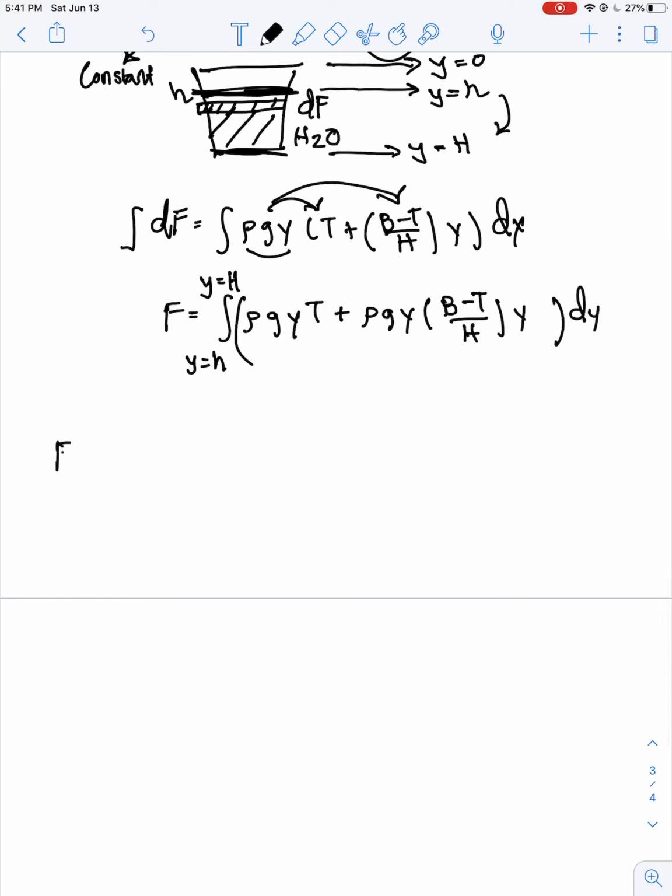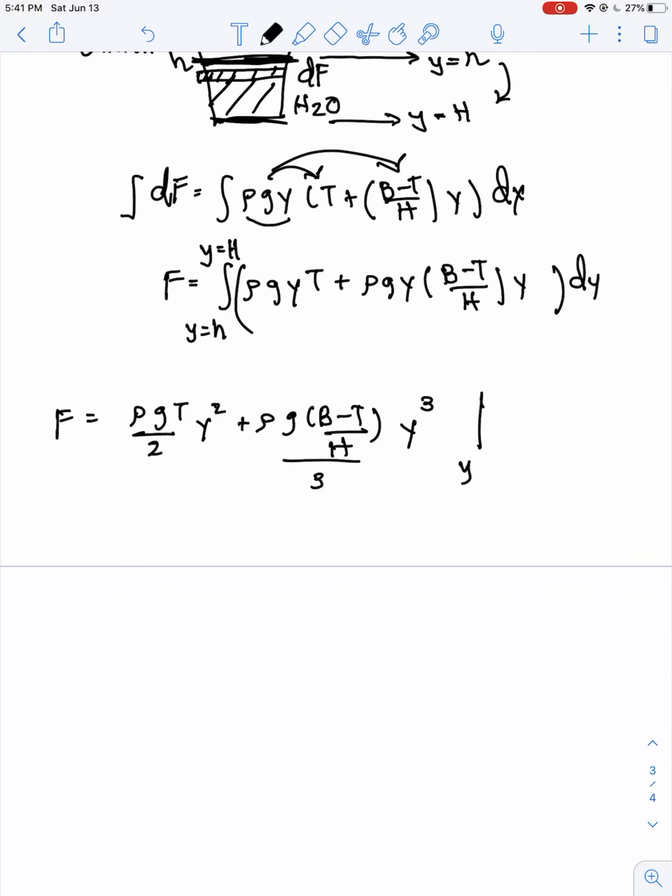And we can easily integrate this, knowing that the only variable of integration is y, since we're integrating with respect to dy. We get rho g t over 2 y squared plus rho g (b - t)/h over 3 y cubed, since we had a y squared here.